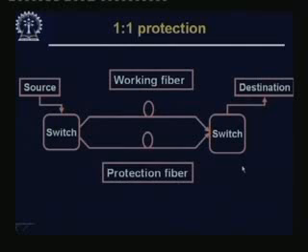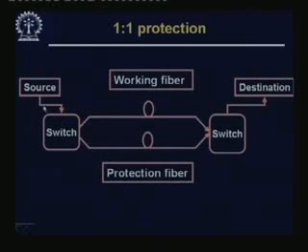Now, we come to shared mode protection. In the shared mode, the figure looks almost the same, except if you note that the splitter on the left has been replaced by a switch. What we have is a working fiber and a protection fiber. Unlike the 1+1 protection, this is not a hot standby, this is cold, in the sense that the protection fiber to start with is not carrying any signal.